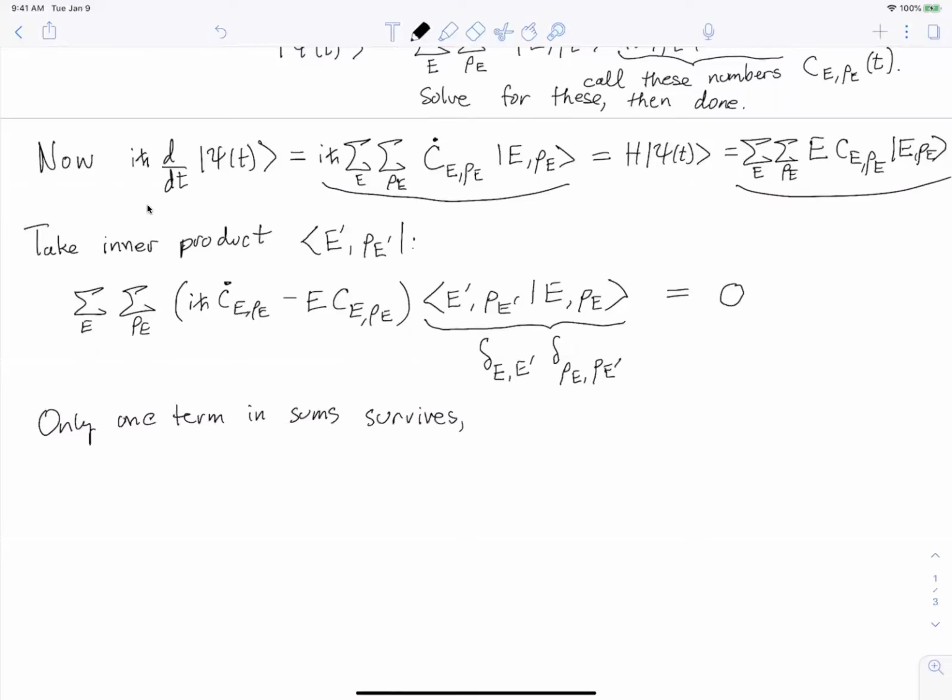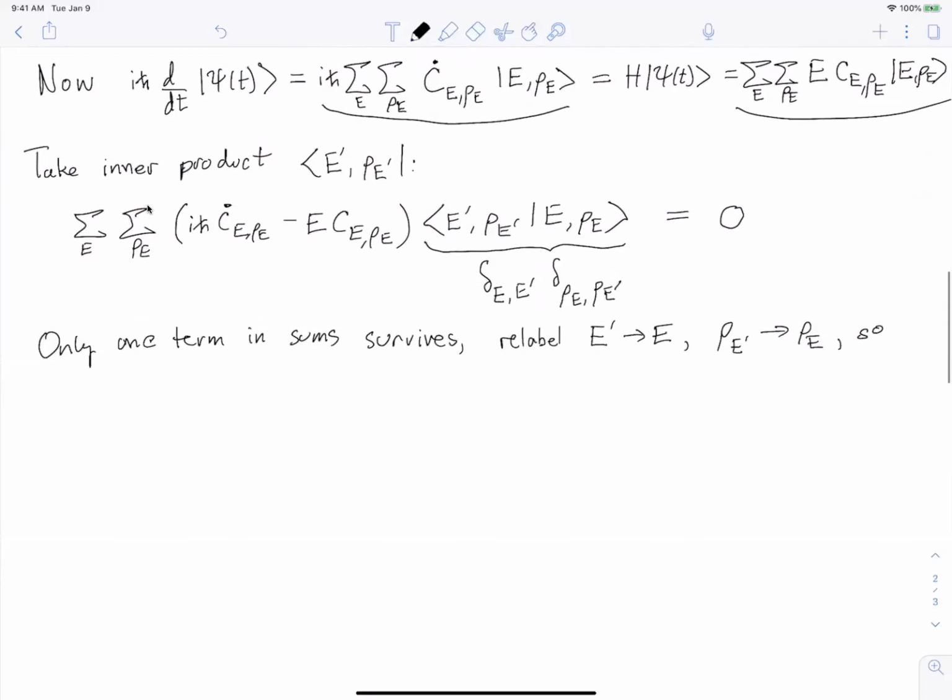And then once we do that, since we only have one term anyway, we can relabel what we were calling E prime as E and relabel what we were calling rho sub E prime as rho sub E, just to avoid lots of primes running around. And so then what we get is that i h bar, time derivative of the coefficient, is equal to E times the coefficient.